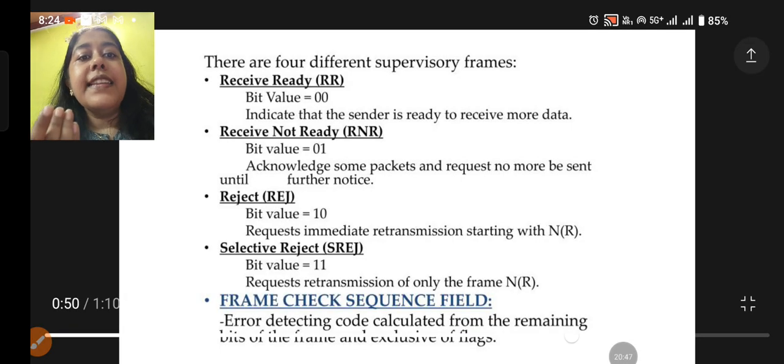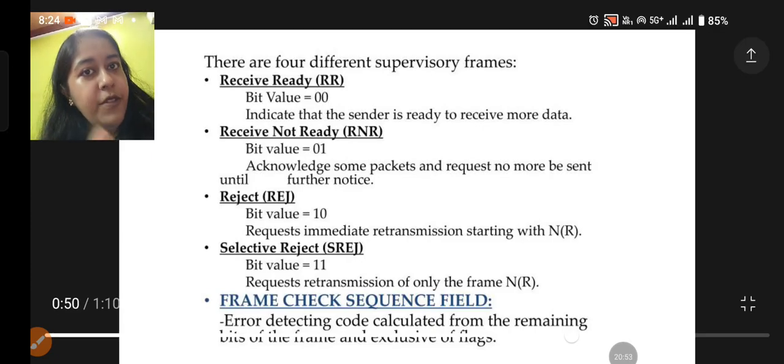Reject, REJ, is when the bit value is 10. It requests immediate retransmission starting with NR.